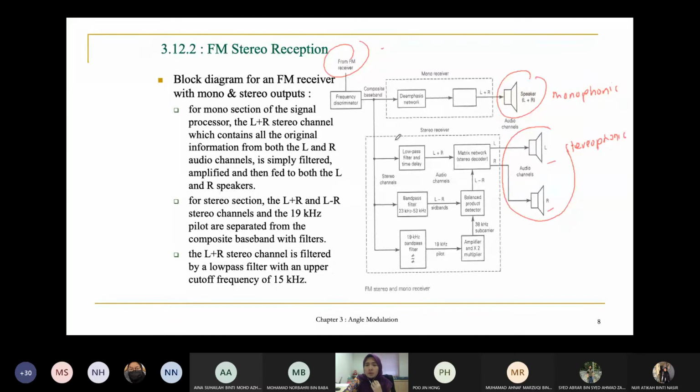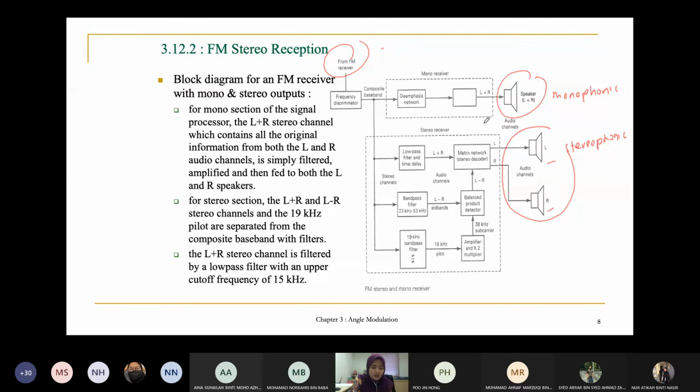For the stereophonic, you need to go through a filter first before it is separated into the left speaker and the right speaker. So this is the process of FM stereo reception in general, showing how a single signal is divided into two signals, left and right.